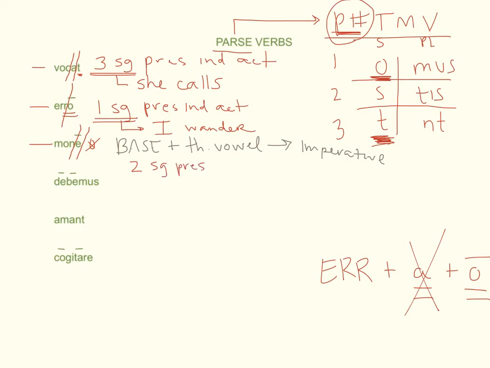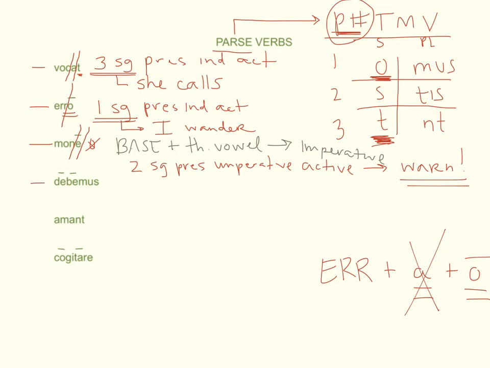It's a present imperative. Mood, like we just talked about, is an imperative. And then voice is active. So this is the second person singular present imperative active. And to translate it, monet is going to be warn the people, or something like that.